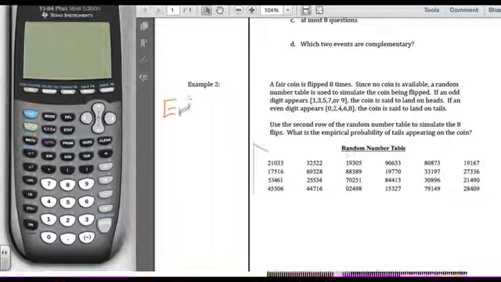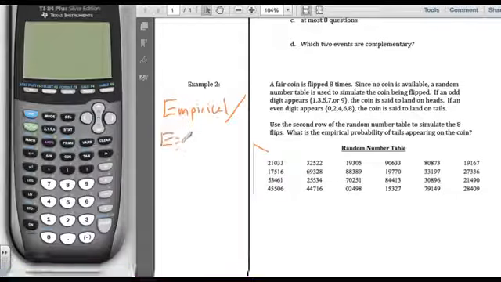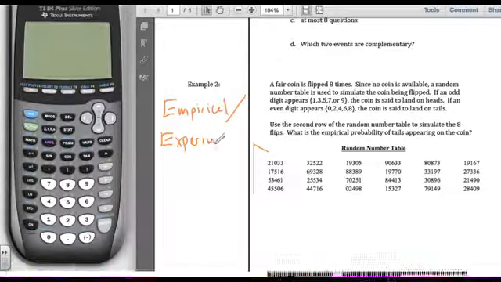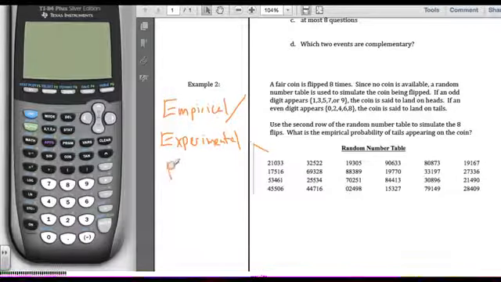This is empirical, or experimental, probability. And this is what occurs when you actually roll the dice a certain number of times, or actually flip a coin a certain number of times, like we're about to do here.